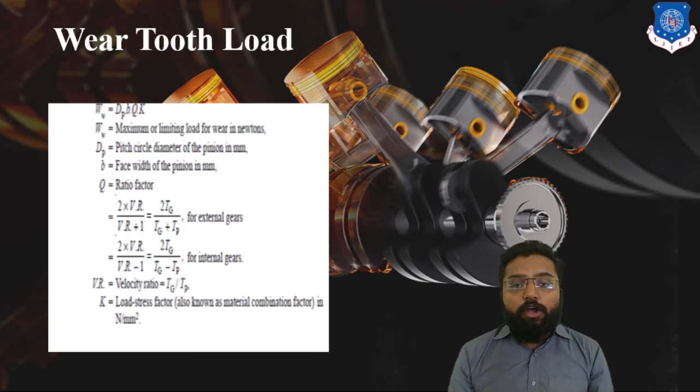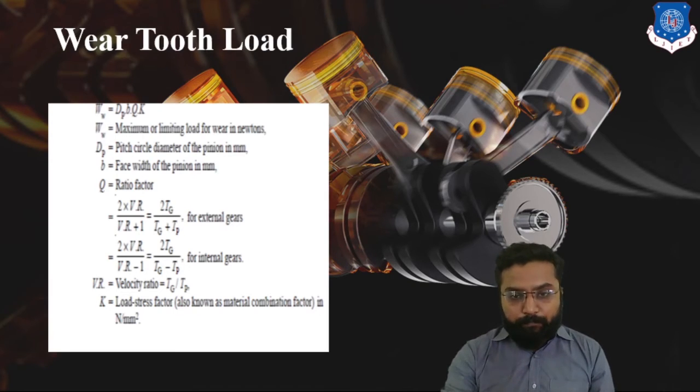What kind of ratio? The velocity ratio factor, which has the value 2 into velocity ratio upon velocity ratio plus 1, which can also be represented as 2 into TG upon TG plus TP.